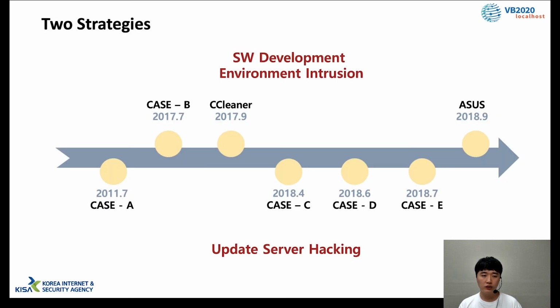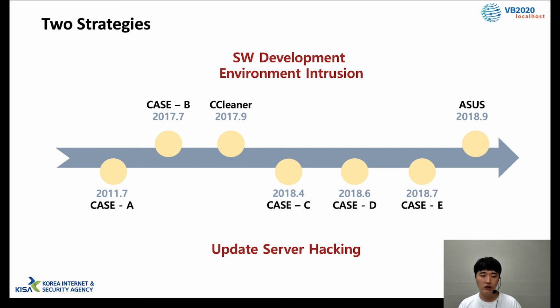The attacker used 2 strategies for the supply chain attack: penetration into the development environment and penetration into the update server. Both strategies require advanced techniques for a successful attack. It's the optimal way to distribute a large volume of malware secretly during a short period.